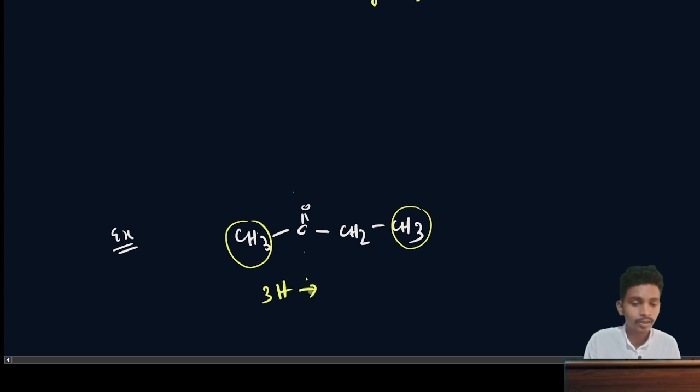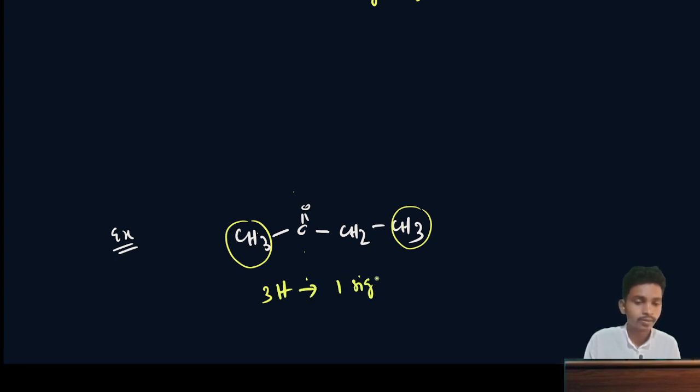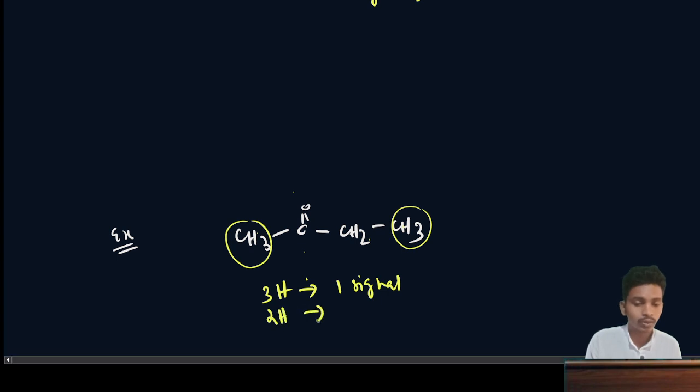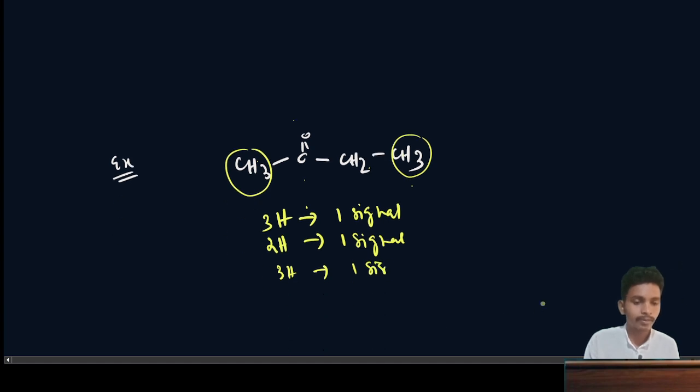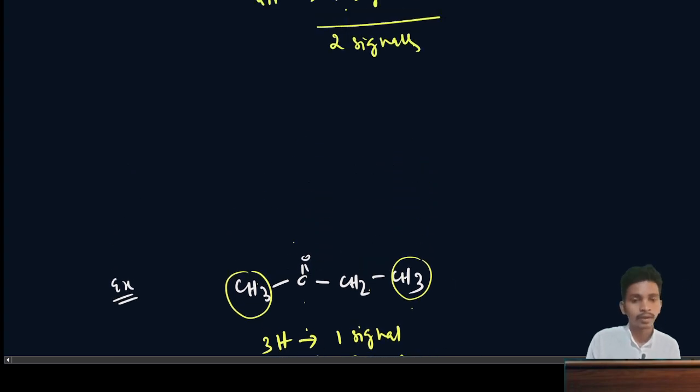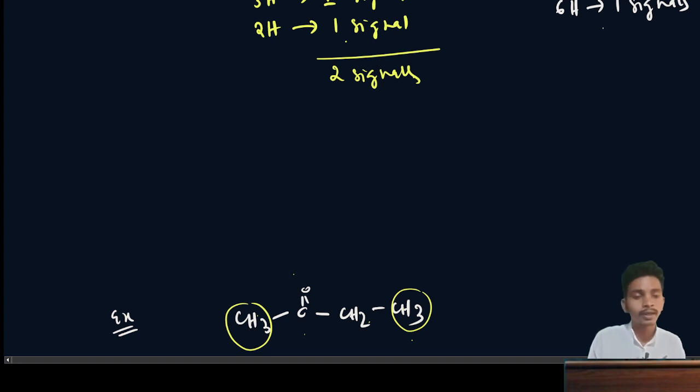So the 3H will give one signal, and this 2H, since there is no asymmetric center, is enantiotopic, so the 2H will give one signal, and again this 3H will give one signal. So in total we will get 3 signals. We discussed this in the previous class.